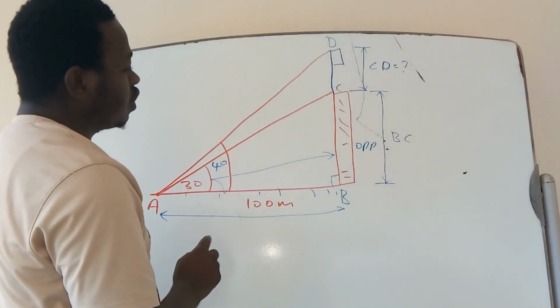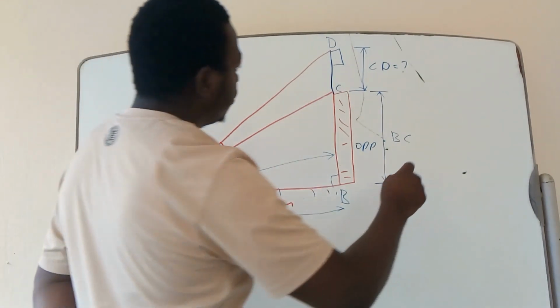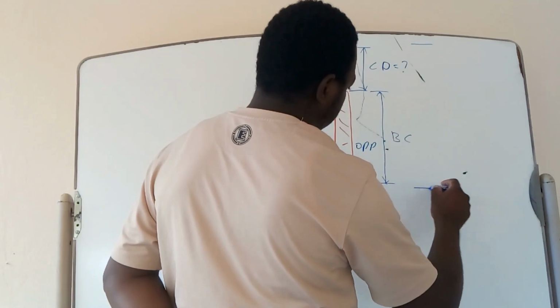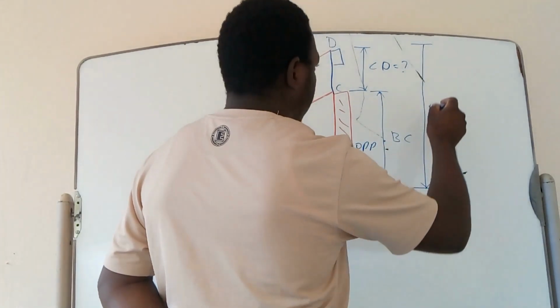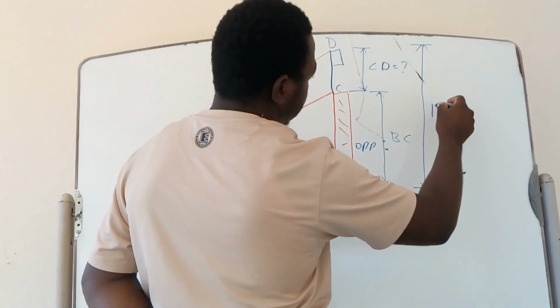We could also determine the height of the building plus the height of the flag, so we could determine the height of BD.